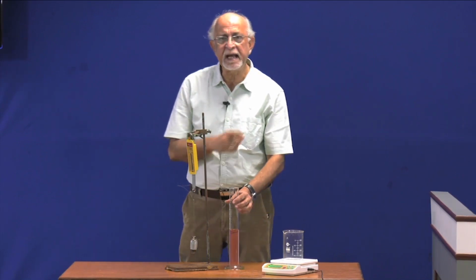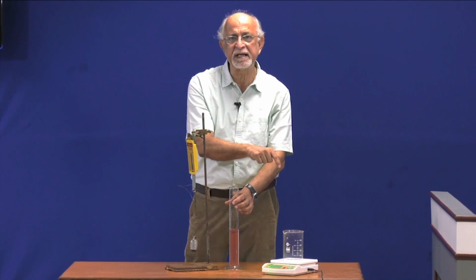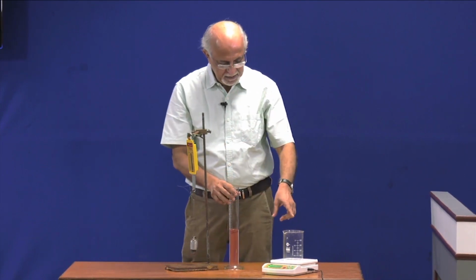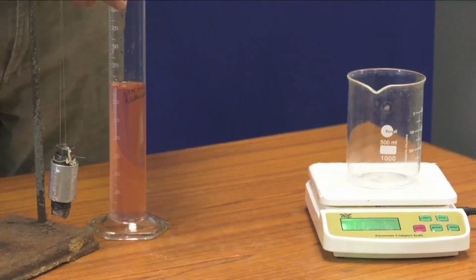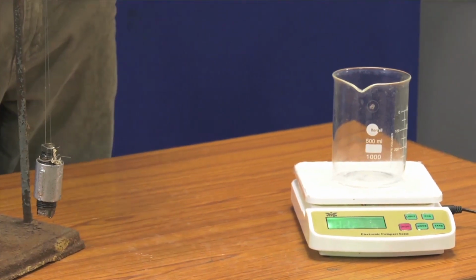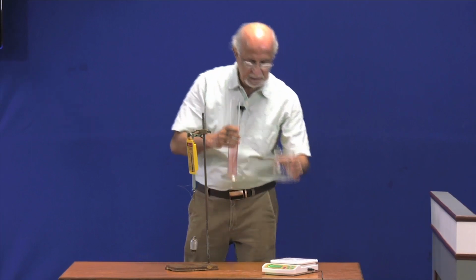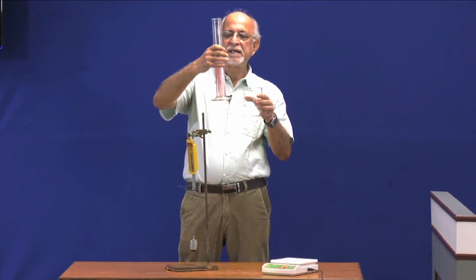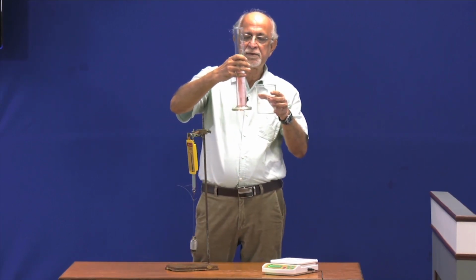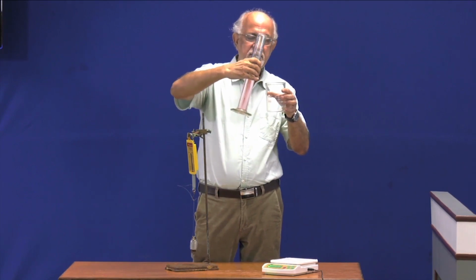So what I am doing is pouring 25 ml of water inside this beaker, and this empty beaker, you can see, the weight of the empty beaker is 147 gram. Now what happens if we put 25 ml of liquid over here?